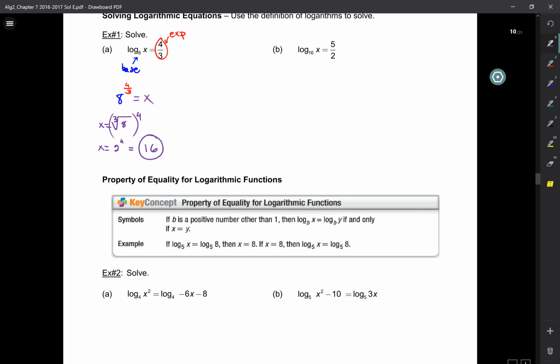So let's move on to the next one. Before I do though, could I have solved this without using roots? If I have 8 to the power of 4 over 3, the 4 over 3 is an improper fraction, right? Could I have simplified it? 4 divided by 3 is 1 remainder 1?